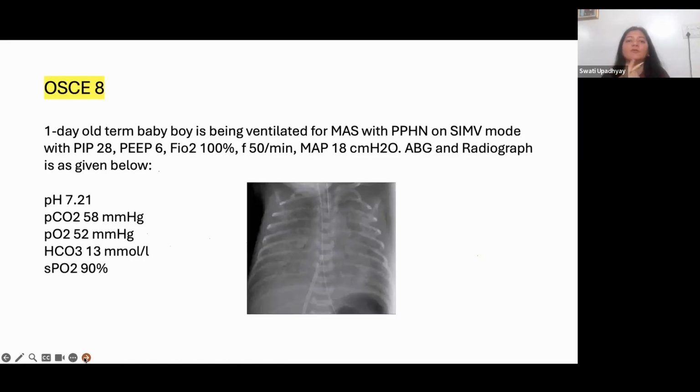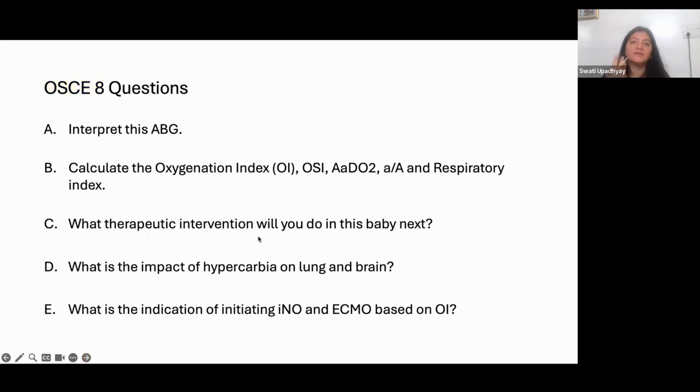So basically, why do we use oxygen indices? Why can't we just rely on PO2 or SpO2? So basically, PO2 or SpO2 alone, they do not account for the intensity of respiratory support that is required to oxygenate the baby, right? So what do oxygen indices do? They combine oxygenation with ventilator pressures, and thus they allow in more objectively grading the disease severity, right?